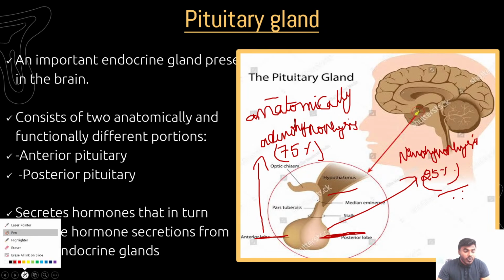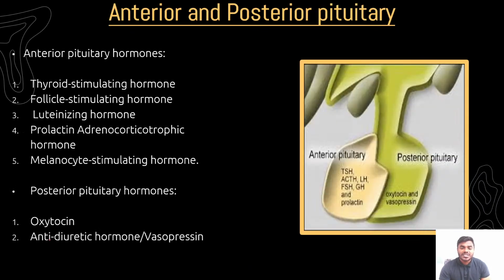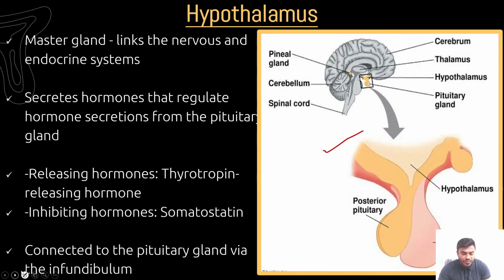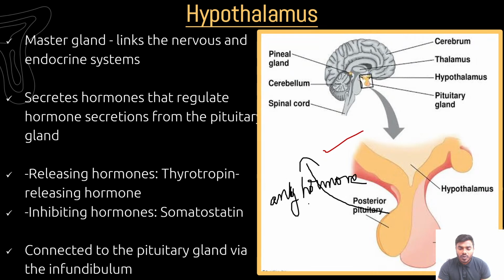And the most important and unique statement every student has to remember for the exam is that, follow me correctly, the posterior pituitary never ever synthesizes any hormone. Always remember that. The posterior pituitary gland never ever synthesizes any hormone. Now you all have to get one valid doubt. What is the doubt every student has to get?